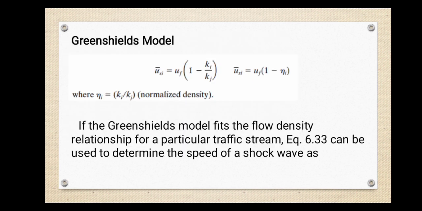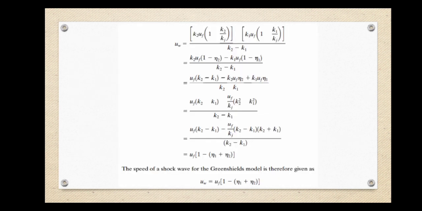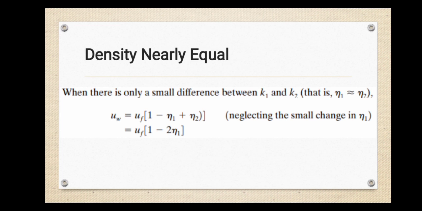If the Greenshield's model fits the flow density relationship for a particular traffic stream, equation 6.33 can be used to determine the speed of a shock wave as this formula. In density nearly equal, there is only a small difference between K sub 1 and K sub 2.